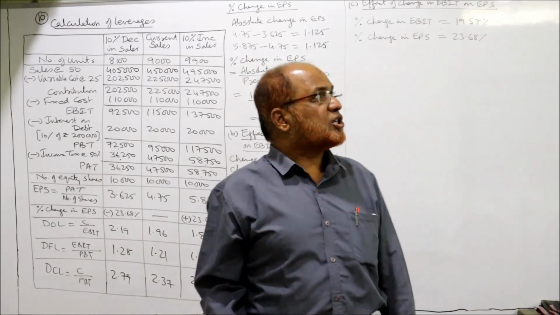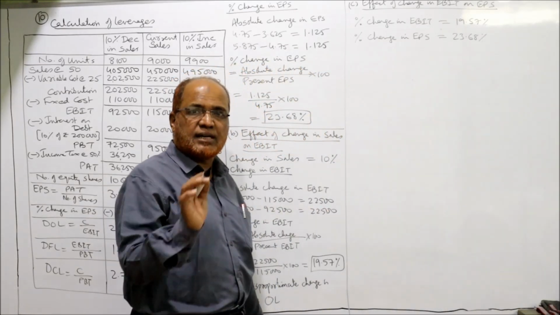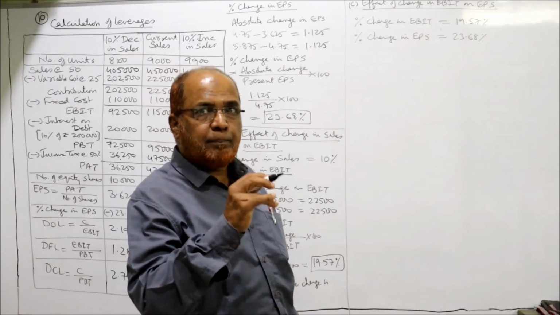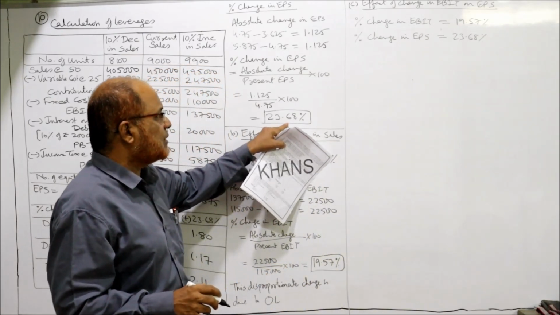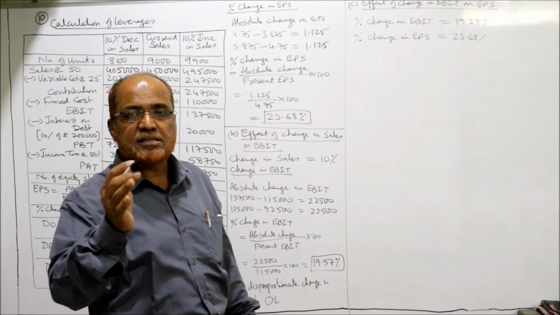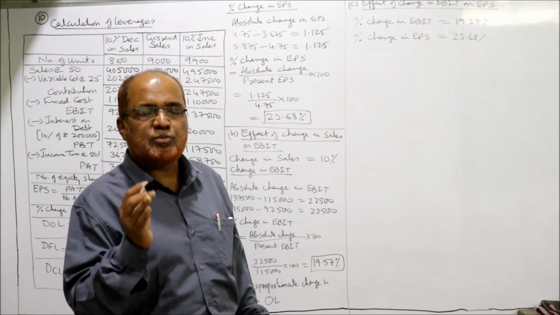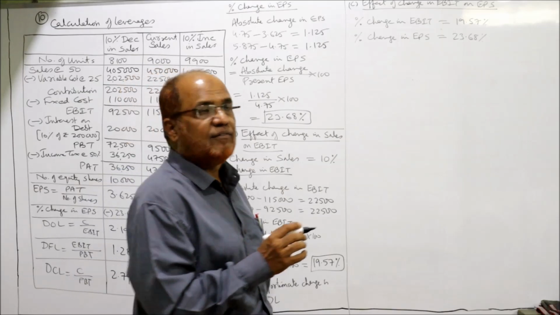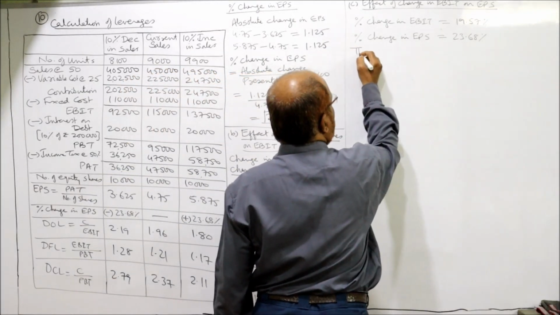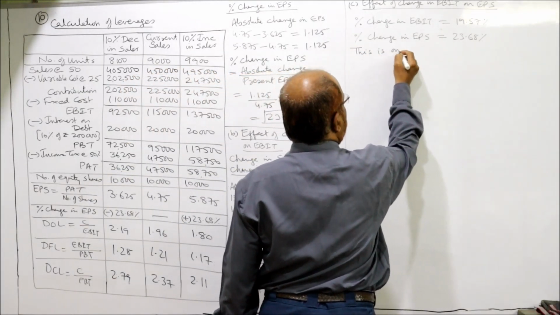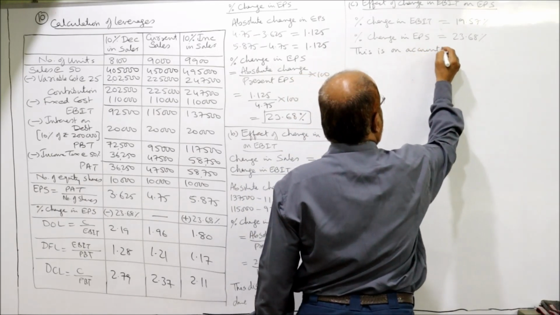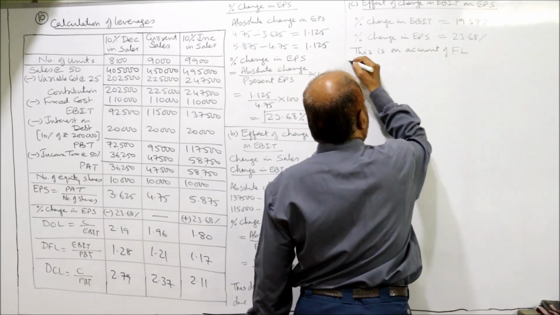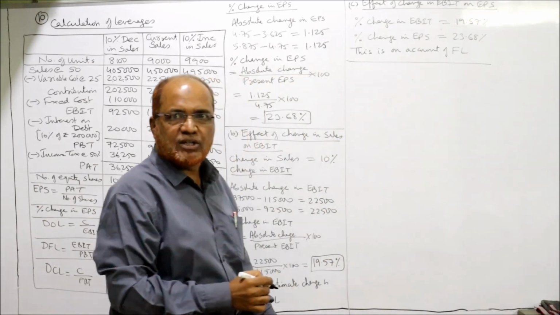So EBIT is changing at 19.57%, whereas EPS is changing at 23.68%. Again there is disproportionate change between EBIT and EPS. This is on account of financial leverage.